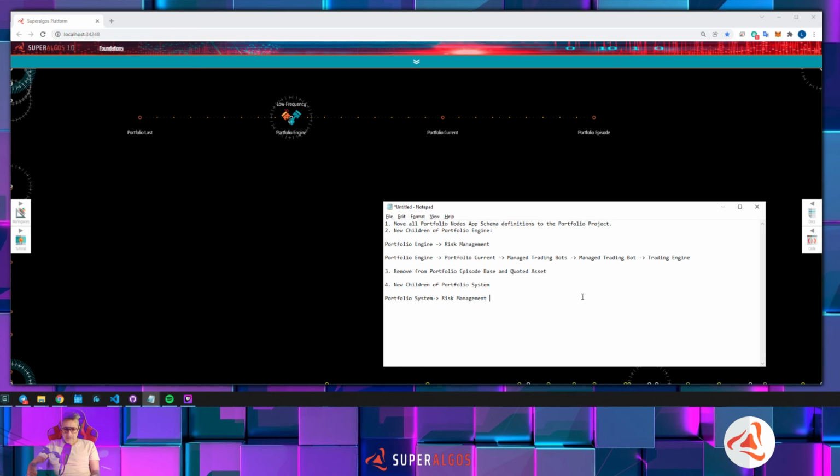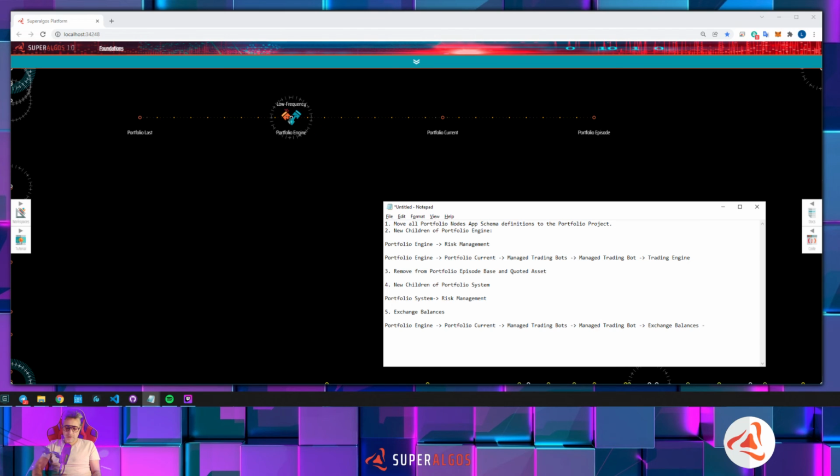So my guess is that this should be here. Here at this point we should have trading engine as one of the children and exchange balances.